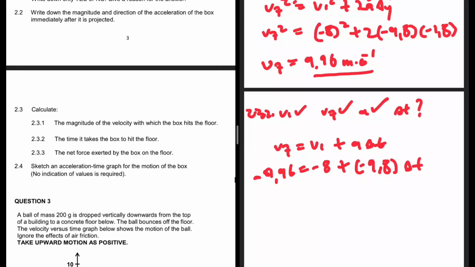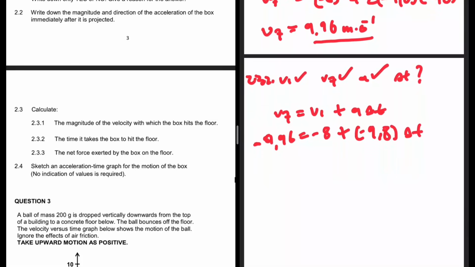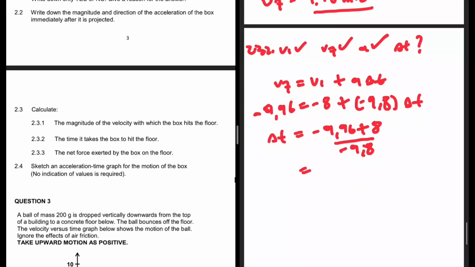So make sure you don't miss those kinds of things, because I'm sure there are some people that will make that mistake. Okay, anyway, let's carry on. We're going to have delta t equals minus 9.96 plus 8, everything divided by minus 9.8. We put that in our calculators and we get 0.2 seconds.